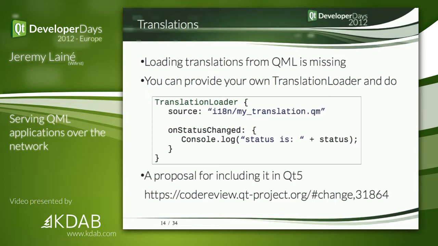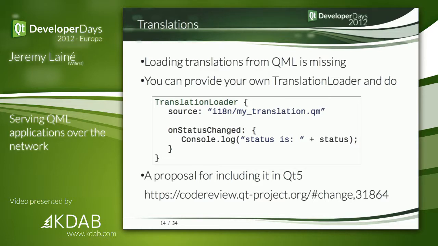I've given the link of a change I proposed for Qt5. I need to follow up on this a bit, but basically, what do all these loader elements have in common? They usually go and fetch a document. They need to be able to follow redirects, which is something which the Image and Loader elements already do.